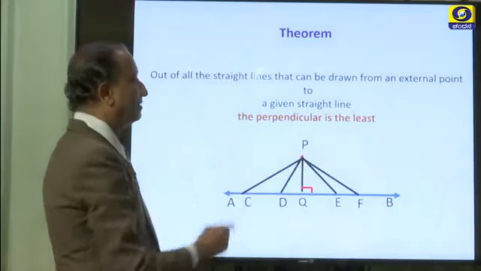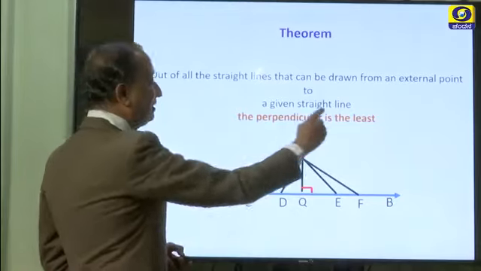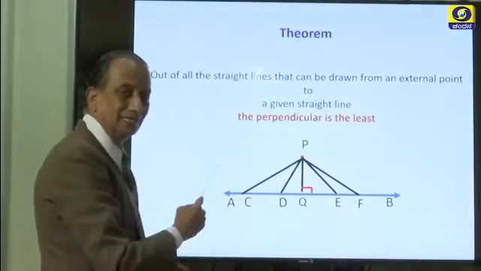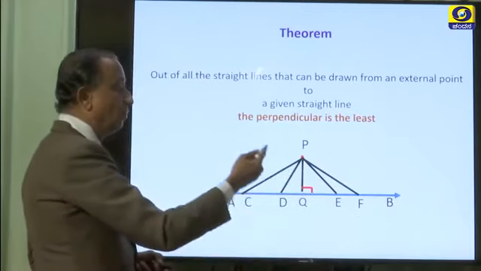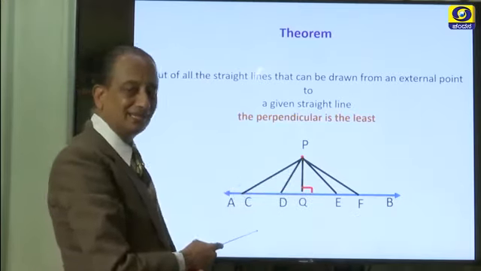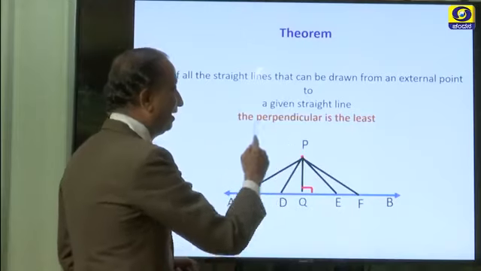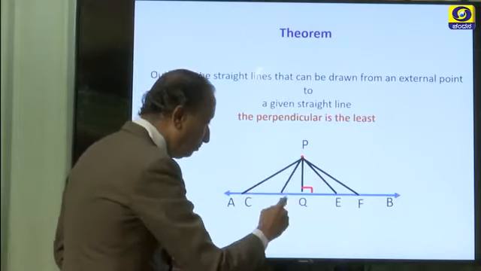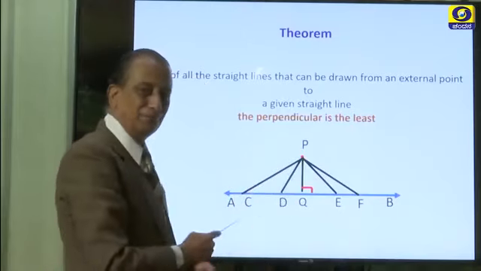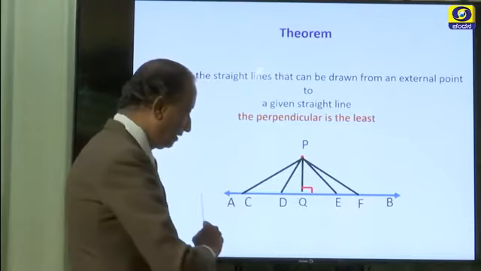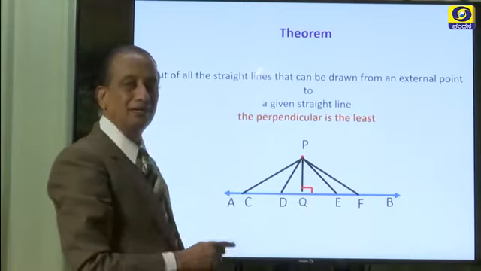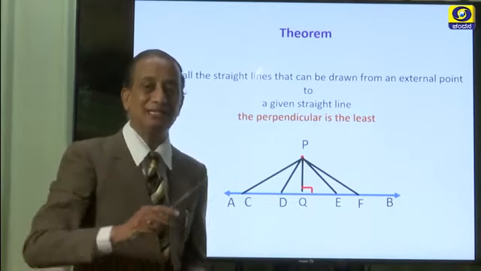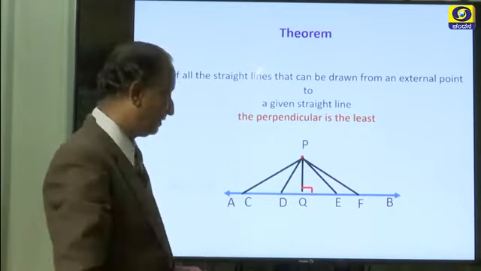Now, the theorem states that out of all these lines that we can draw from the point P to the straight line, which one is the least distance? Among these there will be only one line segment which is perpendicular to AB from P, and that perpendicular is the shortest distance, the minimum distance.